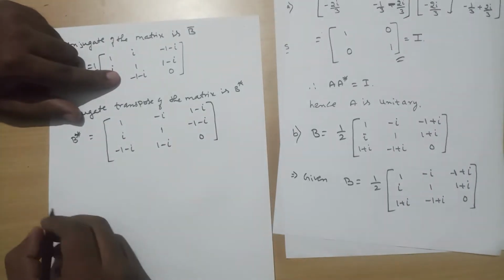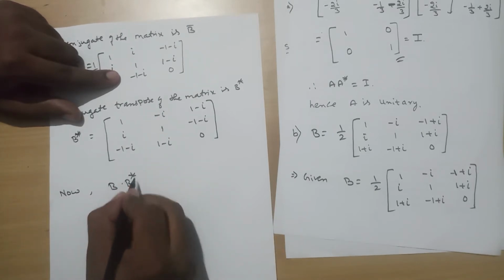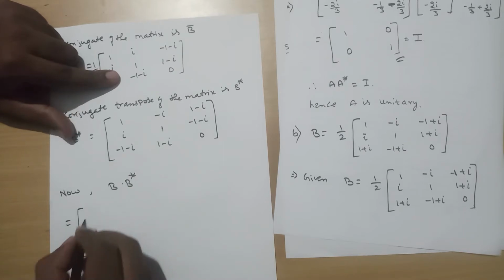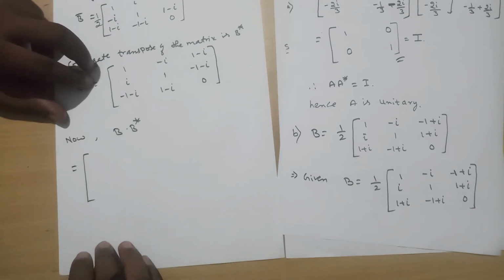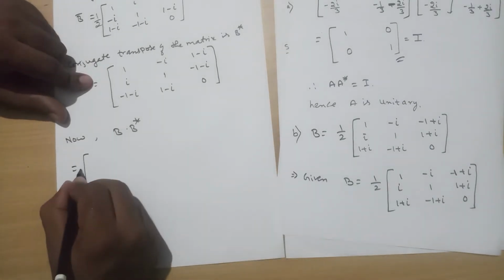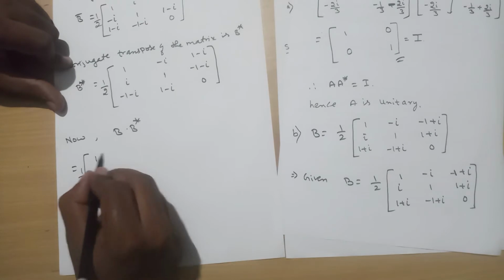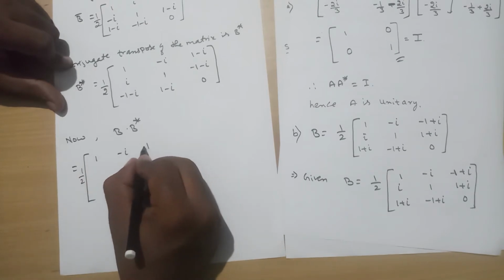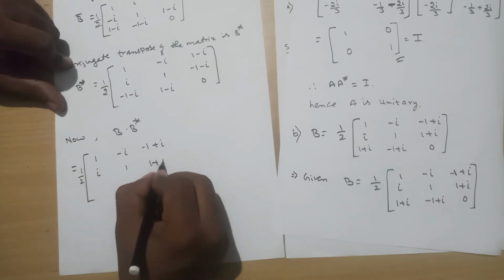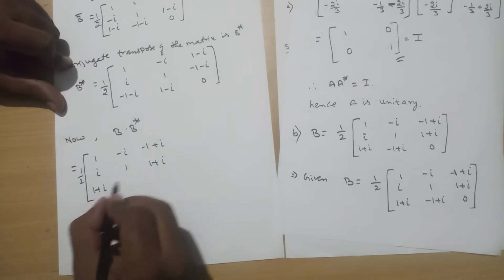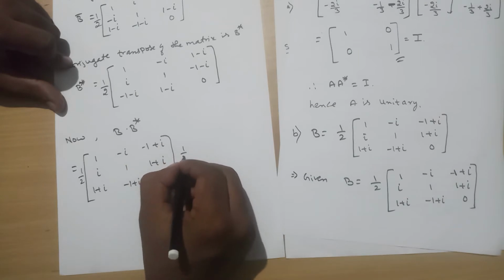So now I will consider B into B star. So what do you get here? B matrix is, you'll get B matrix. So what do you get? B matrix 1 by 2 times. So here also 1 by 2 will get, okay. So 1 minus I, 1 minus 1 plus I, 1, 1 plus I, 1 plus I minus 1 plus I 0, and here B star.